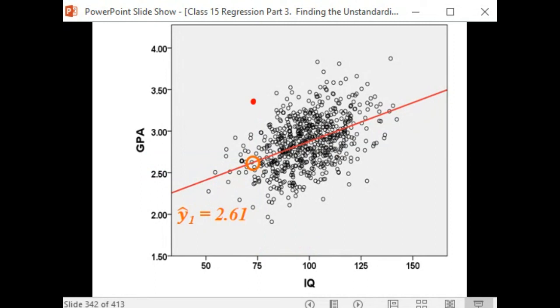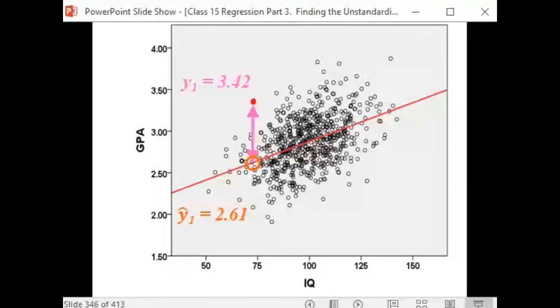Next, we need to get the actual value of y for individual 1. Well, the actual value of y for individual 1 is 3.42. That's the actual GPA that this individual earned. So y observed is 3.42. So we now have y predicted equal to 2.61 and y observed equal to 3.42.